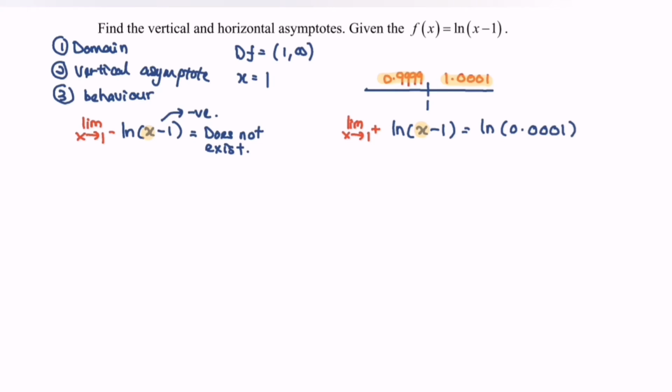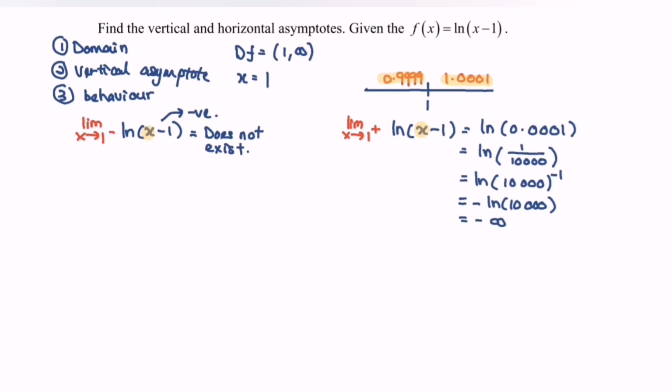Try to imagine what is the meaning of 0.0001, and we will have ln(1 over 10,000). So modify the situation, and we will have ln((10,000) to the power negative 1). Make use of the properties, and we will have negative ln 10,000, negative infinity.